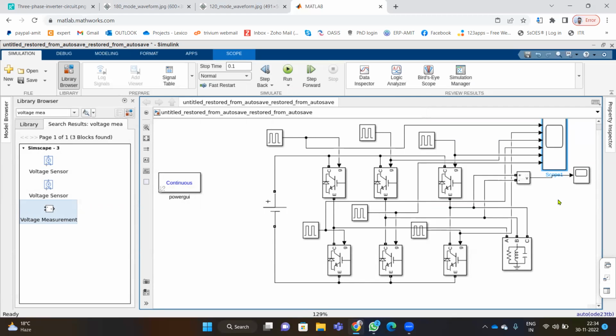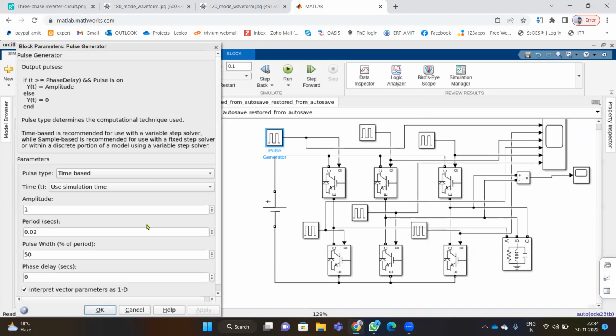Now let's move towards 120-degree mode, which won't take more time. We just need to change the duty cycle. So for every pulse generator, which was earlier 0.02 with a 50% duty cycle, meaning turn-on time was 0.01 second, we now want 120-degree mode of conduction.